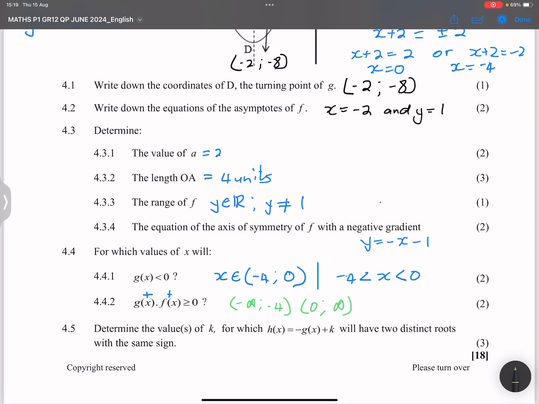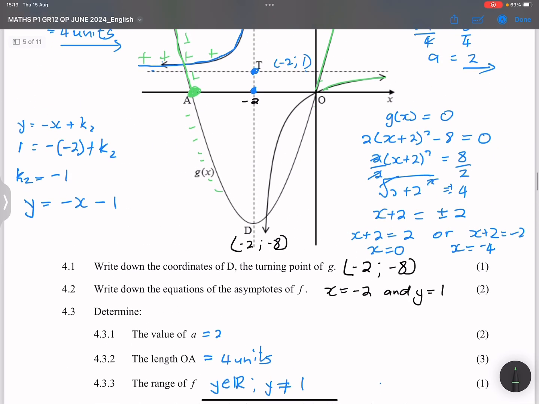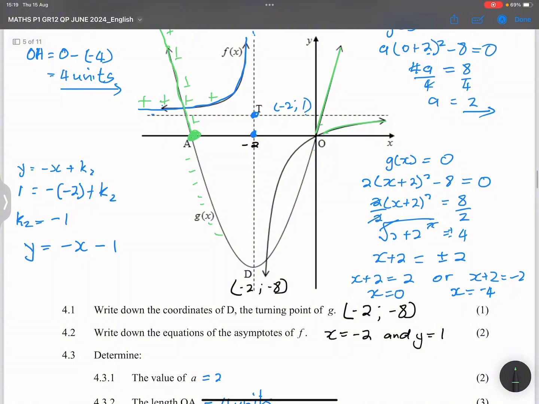Right, now let's find another solution. So again, remember that we can have a positive when we've got both a negative times a negative also gives us a positive, right? Now, where are the two graphs negative? Well, I can see in this case from negative 2, this graph becomes negative, right?